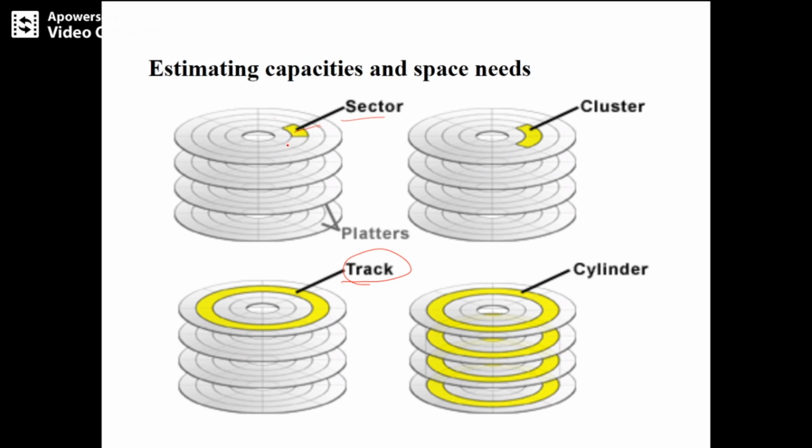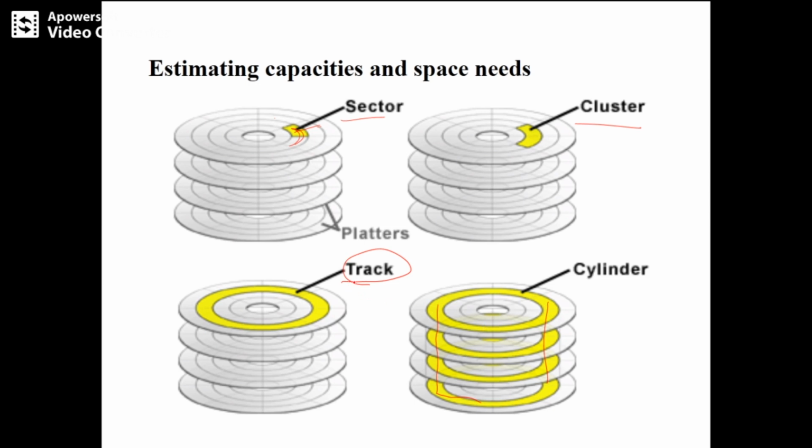If you club two or three sectors together, we form a cluster. Two or three tracks together we can call a cylinder. You can understand the cylinder concept over here properly. One above the other, if you have so many tracks, then we call it a cylinder.